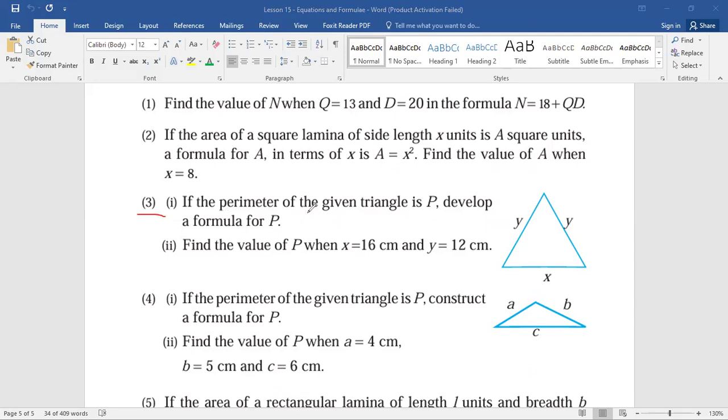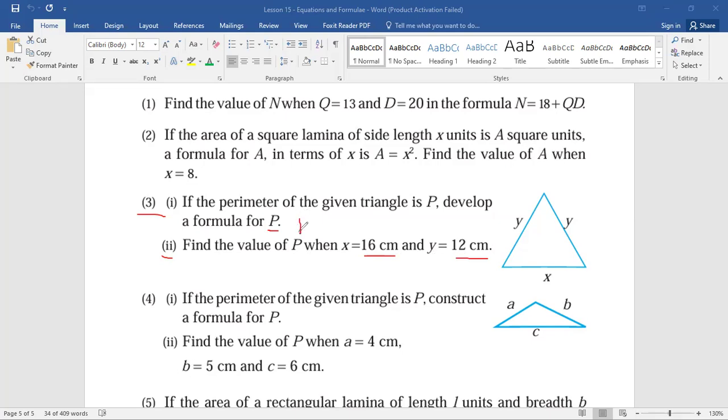If the perimeter of the given triangle is P, develop a formula for P. This is the triangle that you have to develop the formula for perimeter. And then second one, find the value of P when x equals 16 centimeters and y equals 12 centimeters, you have to substitute it.